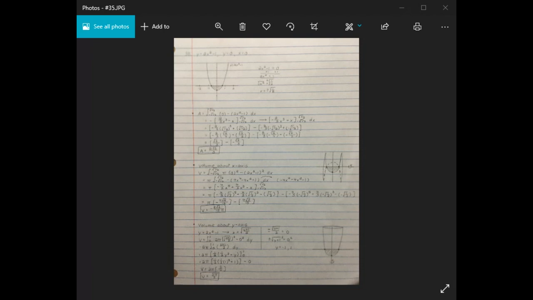And for the last part, volume about the y-axis, we took y equals 2x squared minus 1 and isolated to get x equals square root of (y plus 1)/2, because the radius would be horizontal now.